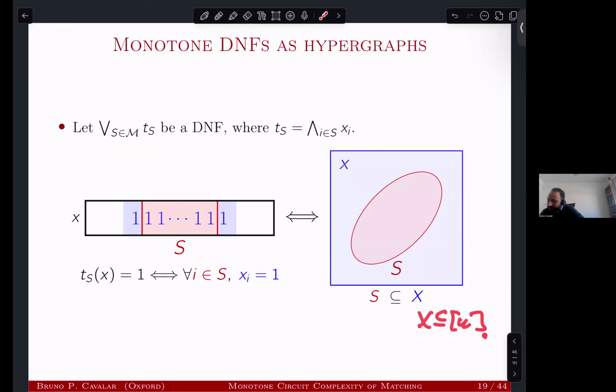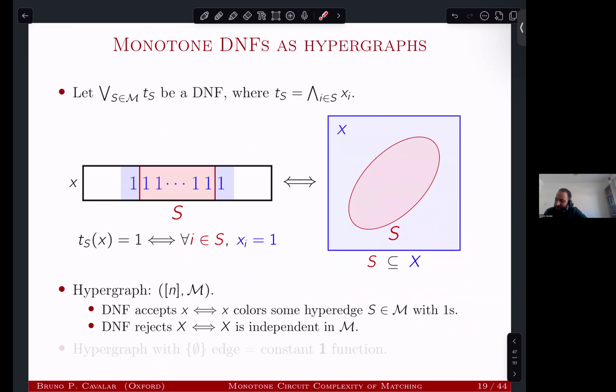So from this hypergraph perspective, the DNF is accepting an input X if and only if this X, when viewed as a coloring of all the entries here, is coloring some hyperedge of the hypergraph with all ones.